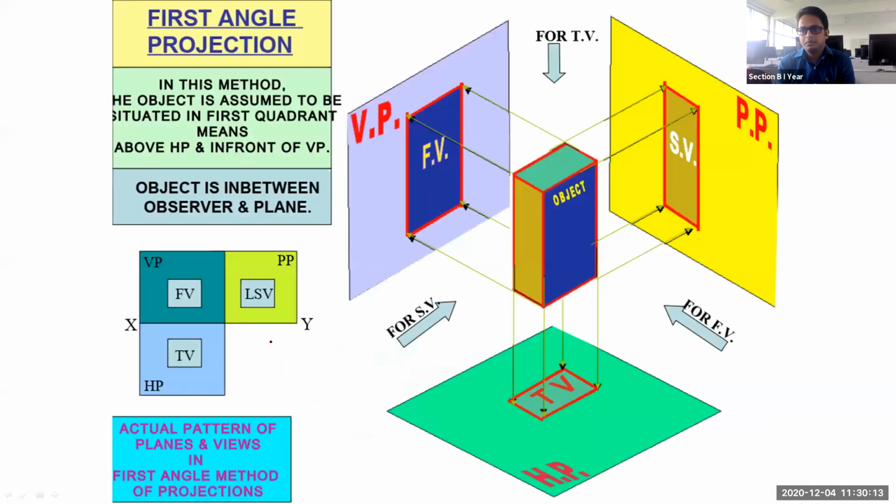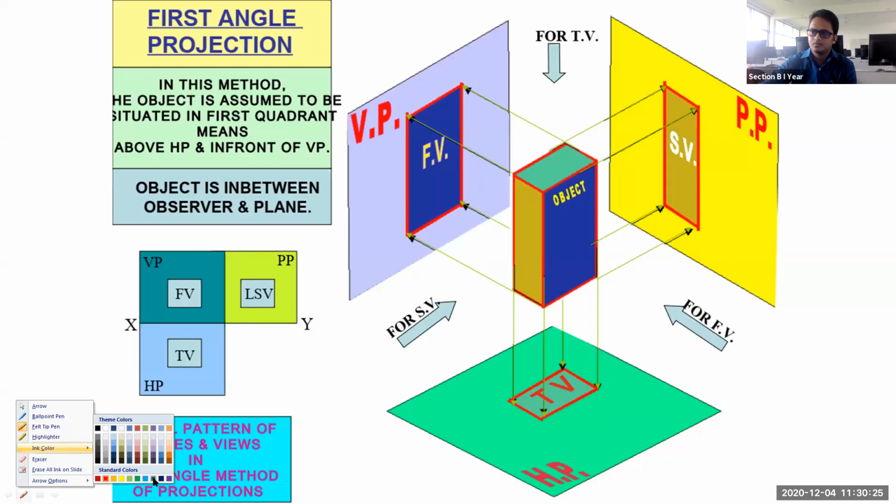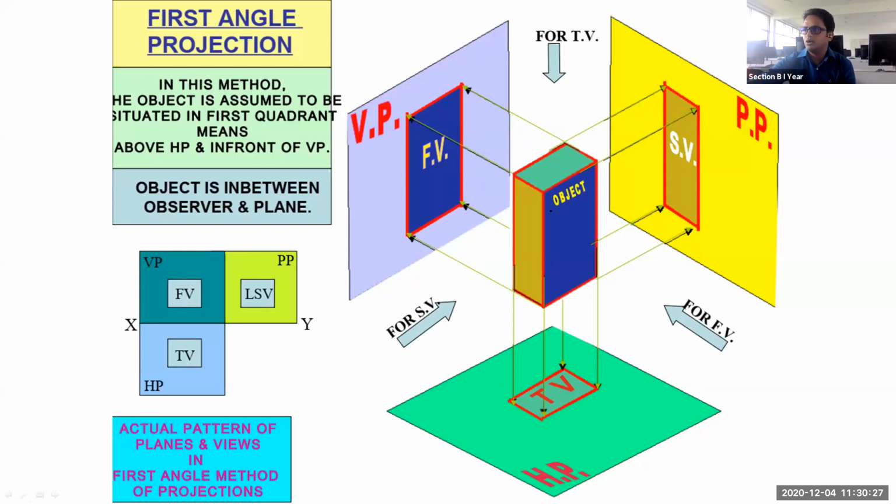Now, we will see when the object is placed in the first quadrant. A very simple object we have considered here. You can see the object at this location. It is a simple cube, a cuboid, or a box shape.